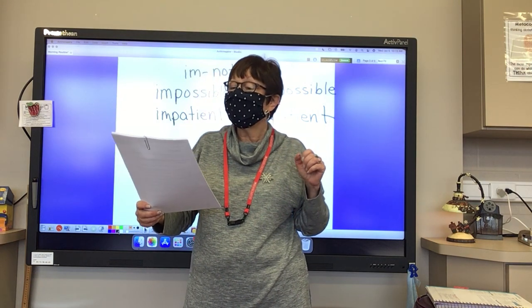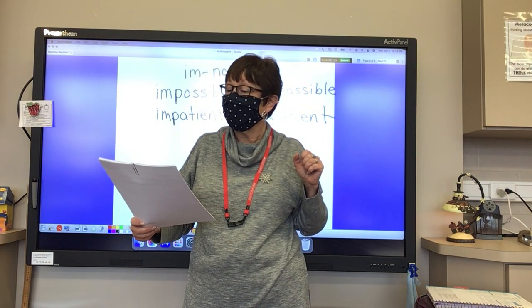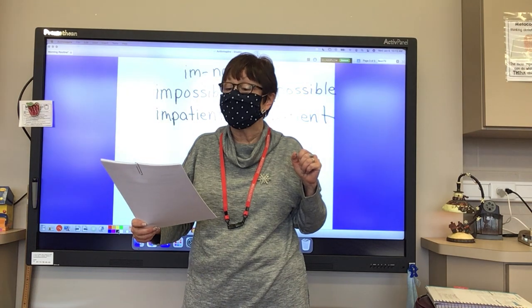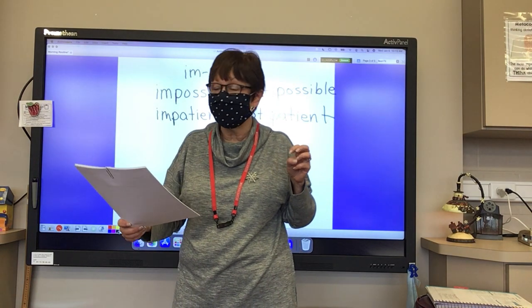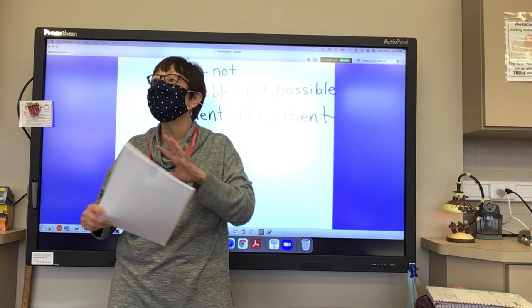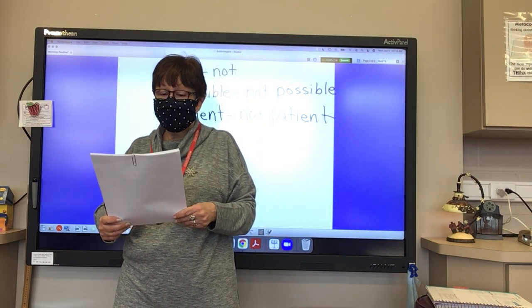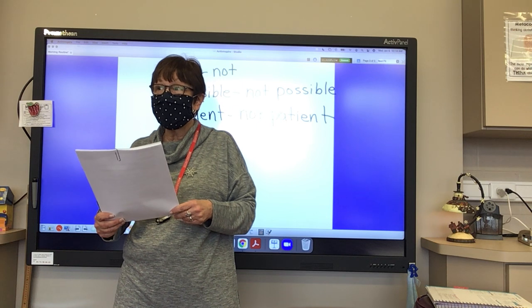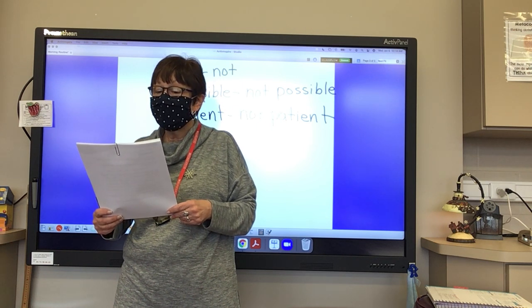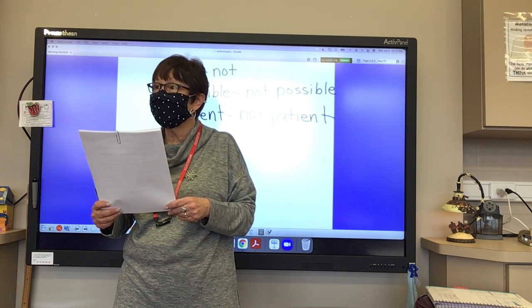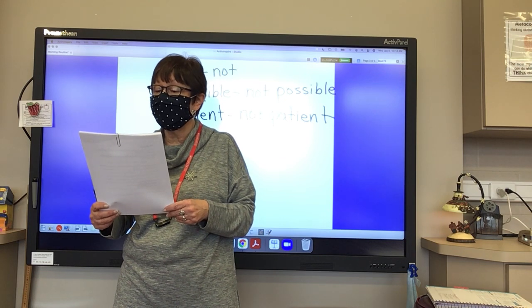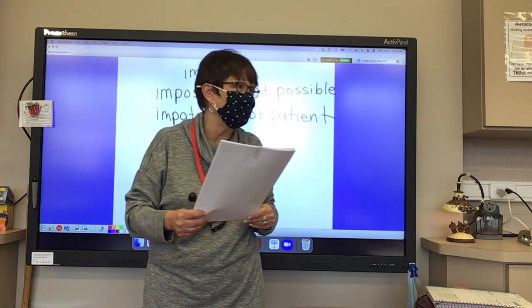And it says, a prefix is a word part added to the beginning of a base word that changes the meaning of the word. We already know that. We say that every single time we have this. Now, here's what we need to do. It said, add the prefix im to the words from the word bank to fill in the blanks in the story below.